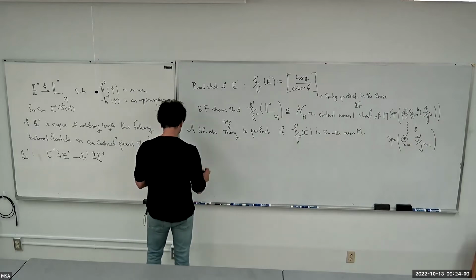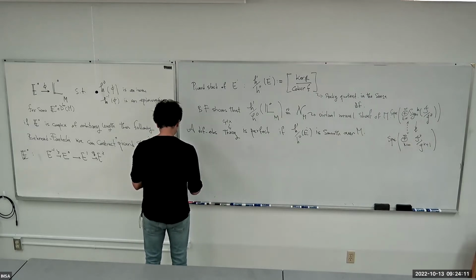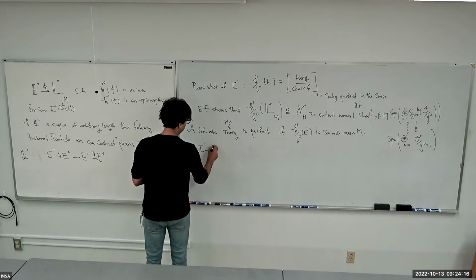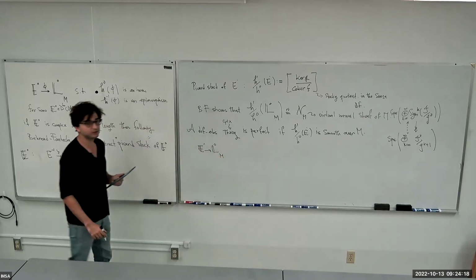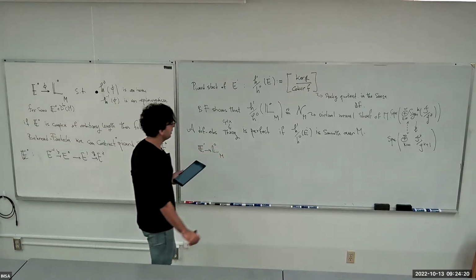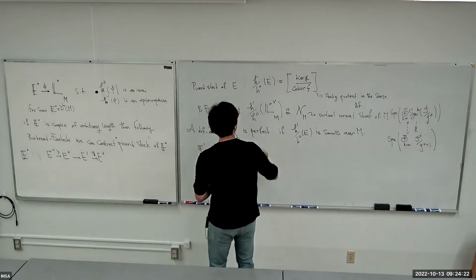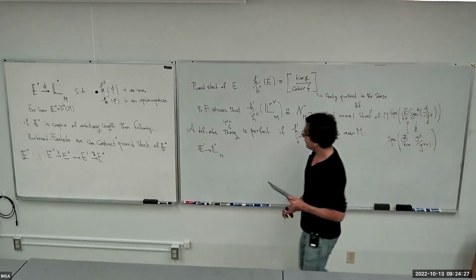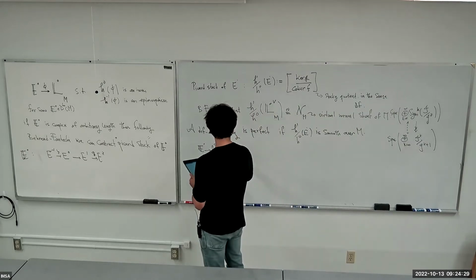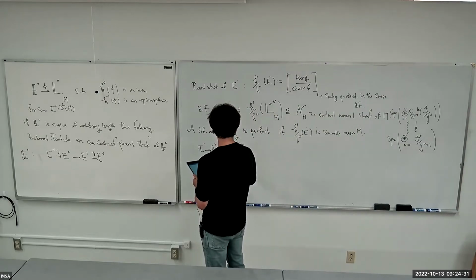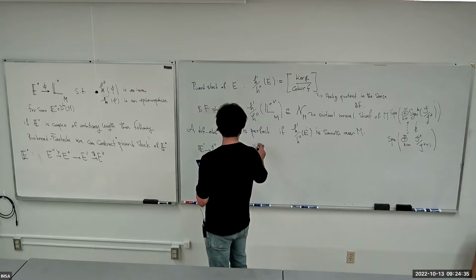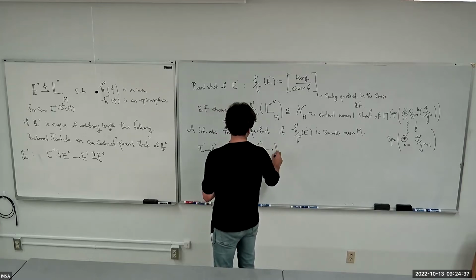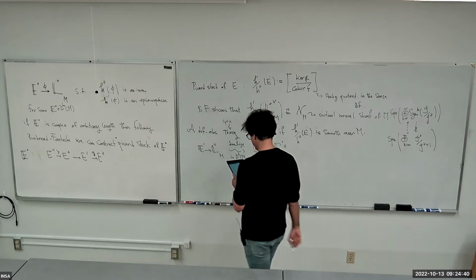So here is how the construction goes. So you have E dot getting mapped to L dot of M. Let's say you have assumed that you have found such a thing. Then, oh, by the way, this is the dual. This by definition is the dual. Then you can dualize in the derived category of M, and you will get L dot dual of M getting mapped to E dot dual.